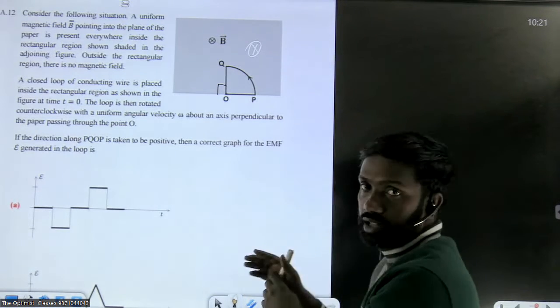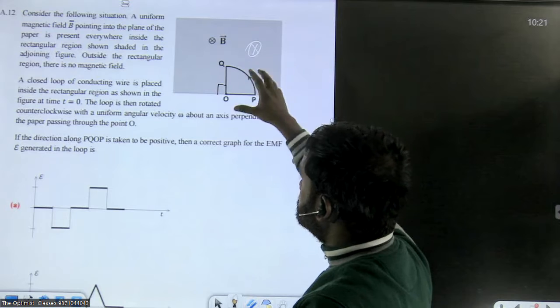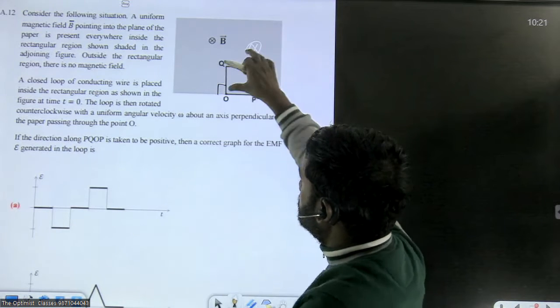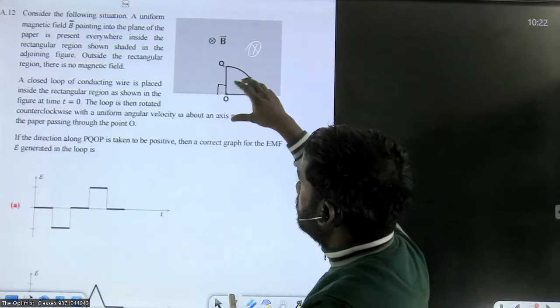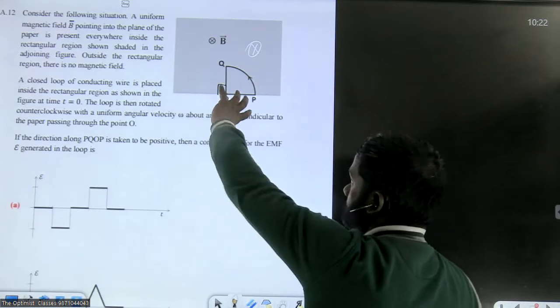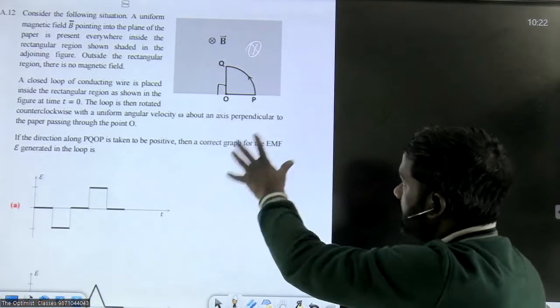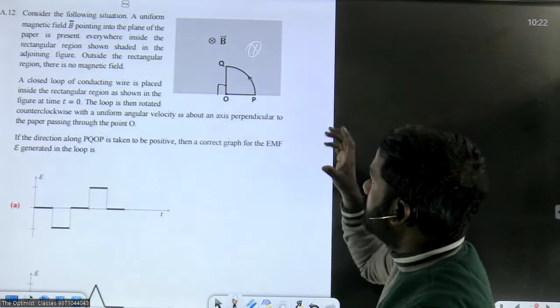So the situation is something like this. For some time, there is no EMF because the loop is completely inside the magnetic field. When it is coming out, EMF is negative, and when it is completely outside, there is again no change in flux, so EMF is 0.